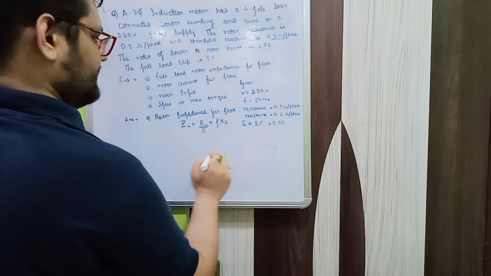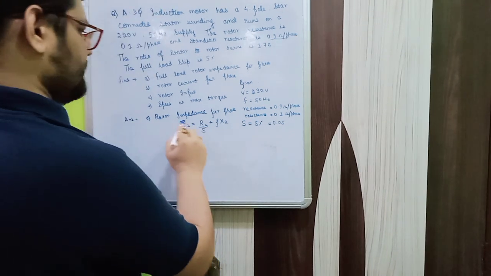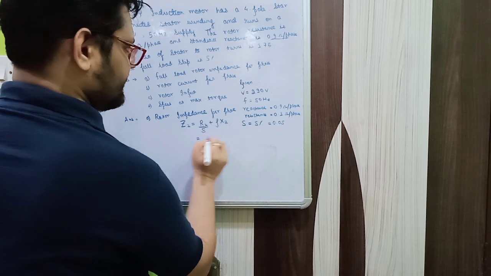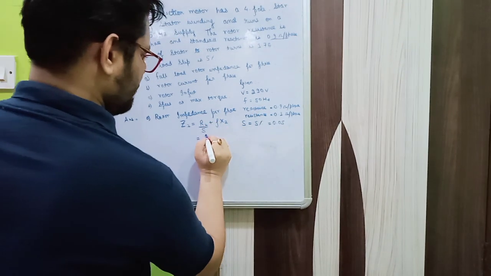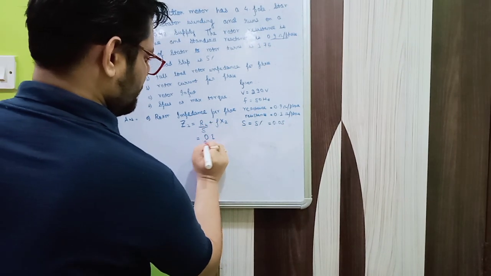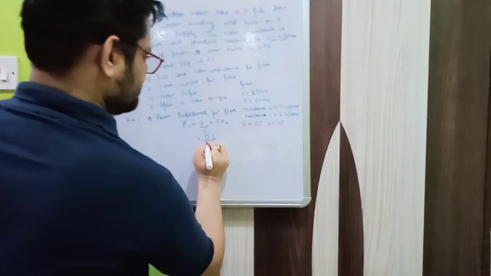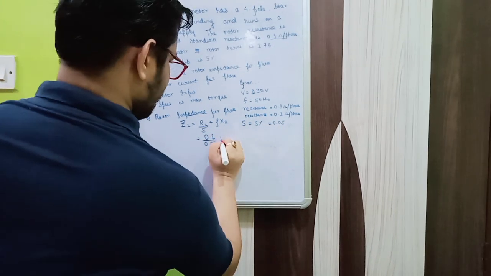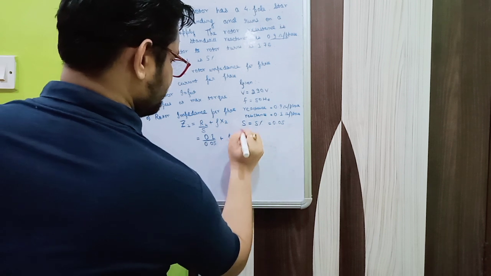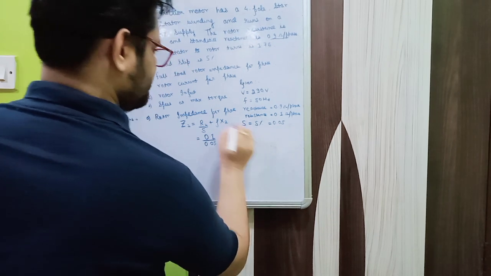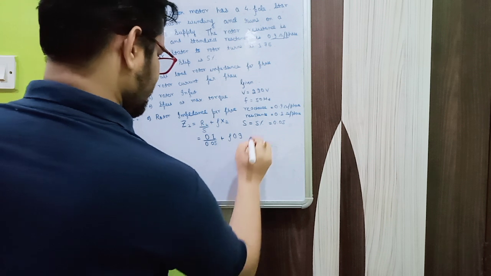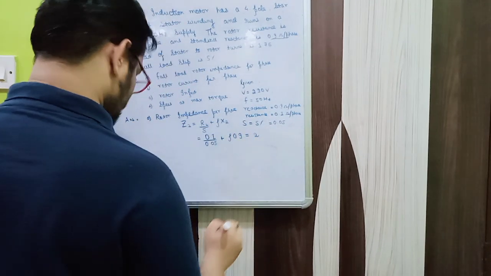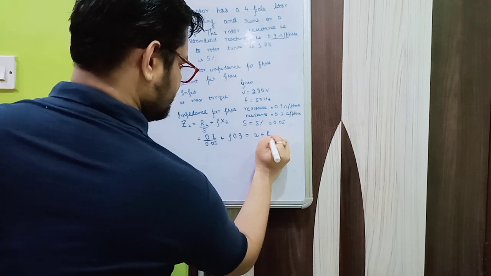So we can put the data in here for the rotor impedance per phase. Resistance is 0.1, so we write 0.1 divided by slip 0.05, and reactance is jX2, which is 0.9. If we solve this, it is nothing but 2 plus j0.9.